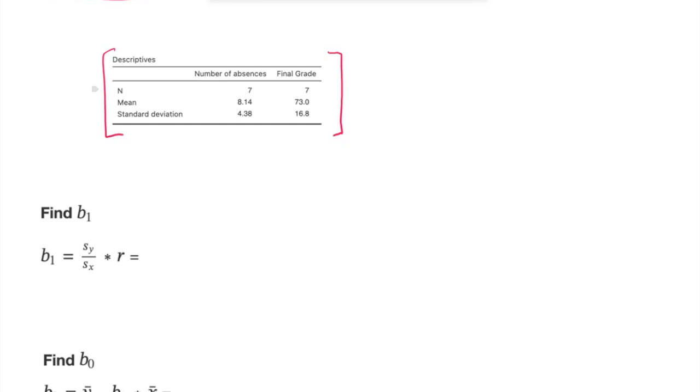So the first thing we're going to find is the slope. We need the standard deviation for variable y. Remember that it's going to be final grade, and number of absences was the x. So the standard deviation is 16.8 divided by 4.38, times this correlation, which we found previously, and it was negative 0.94.